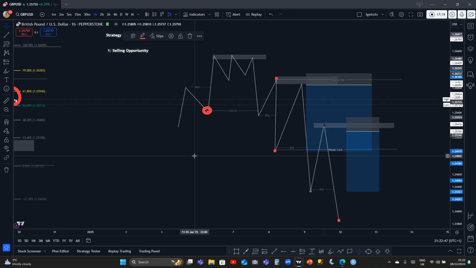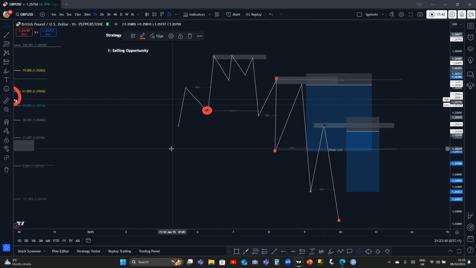Then 61.8% or 79%, which is the golden level. Price action can retrace up to that before it resumes the underlying trend. So you have to be very careful when you are trading a retracement. I will make a video once it gets to that level.